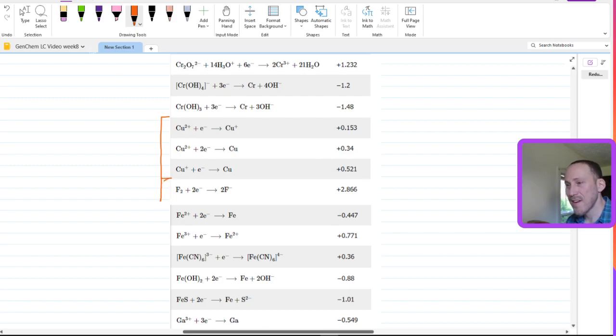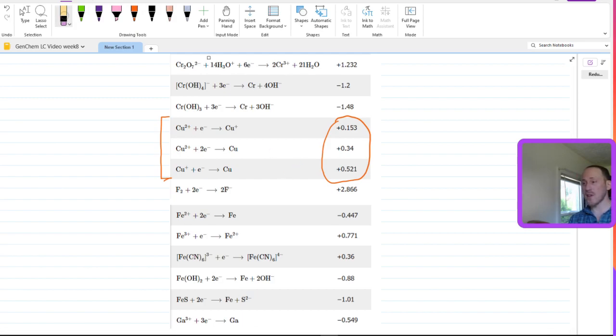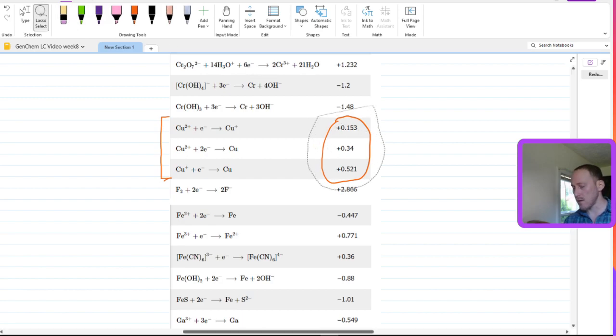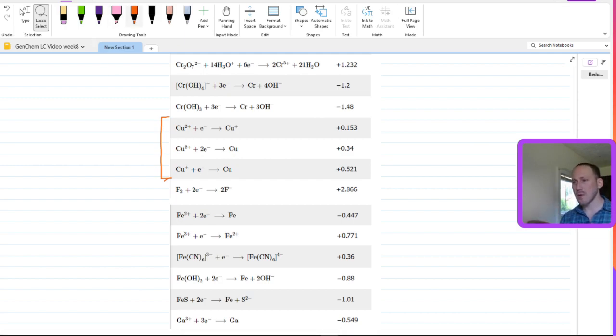And it would be really easy to choose the wrong one. Now, all of them are positive, so chances are you would still get spontaneous or not correct, depending on the other half of the cell. But if you want to get a precise numerical answer that is correct, you have to make sure you choose the right one here. So again, just be careful when you're getting data off of this table or any similar table. So in this case, we're talking about this 2-electron thing.